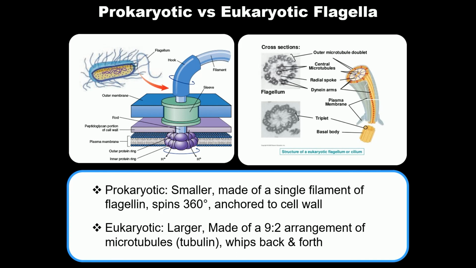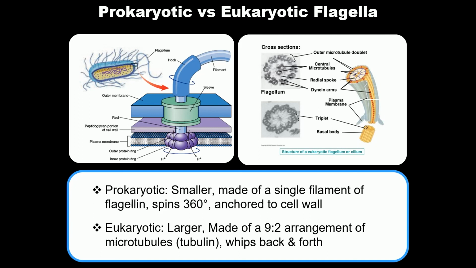You can see it here on the diagram. And then there's this central pair of microtubules at the center. This gives it enough structural support to be this giant structure, this big tail hanging off the end of the eukaryotic cell. And then essentially, we just need to wag this tail back and forth.